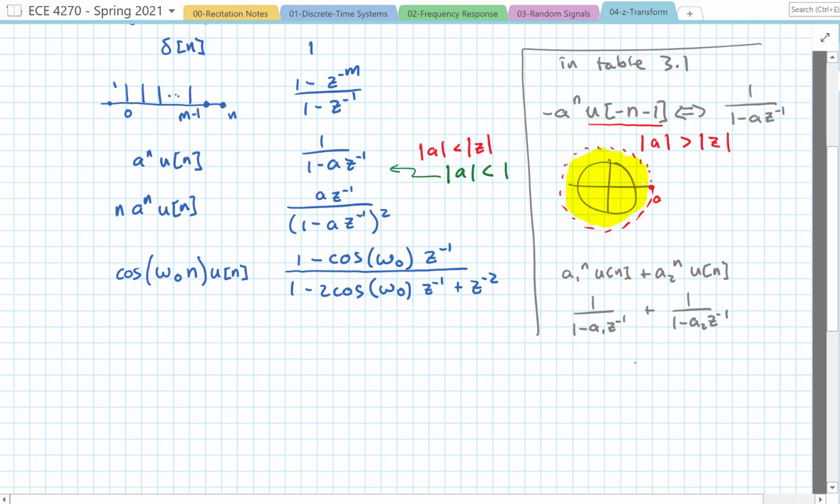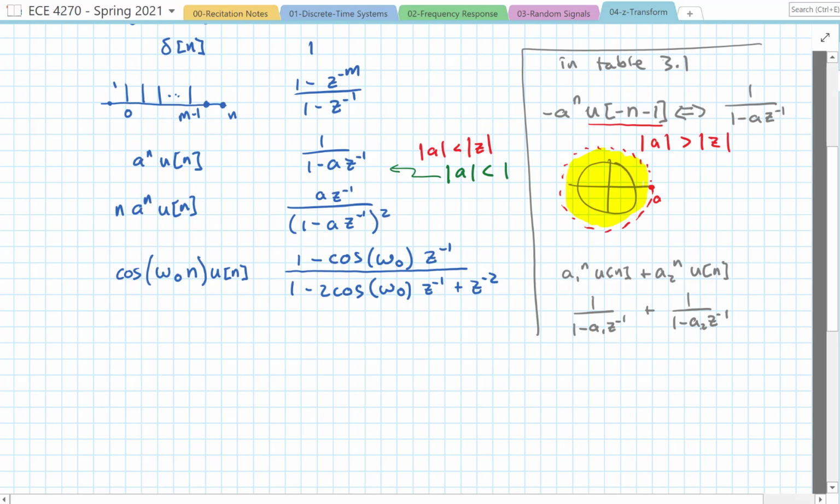And the region of convergence would have to take into account both a's. So in this case, the region of convergence is z has to be outside of a1.